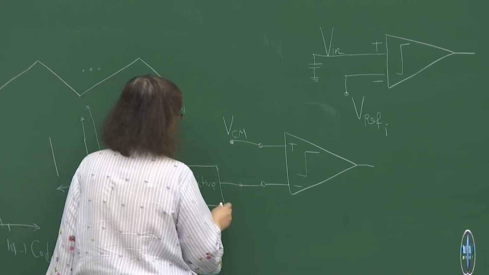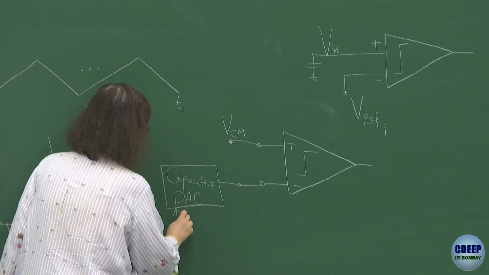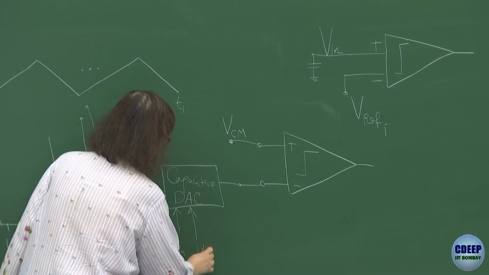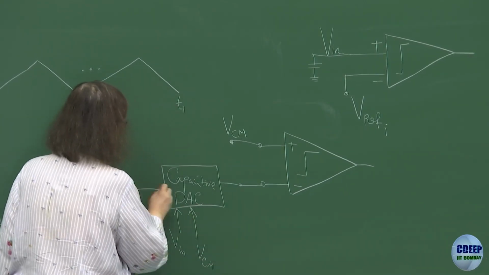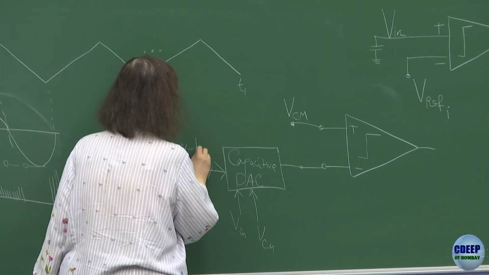To this capacitive DAC, we apply Vin as a bias and VCM, and we apply the n-bit code as a digital input.